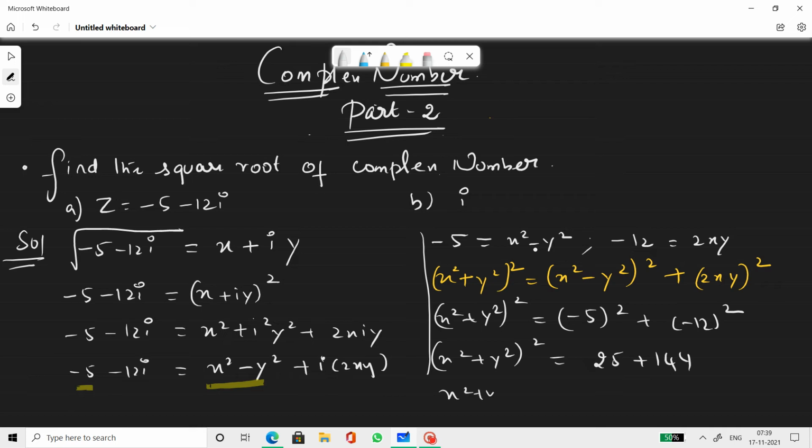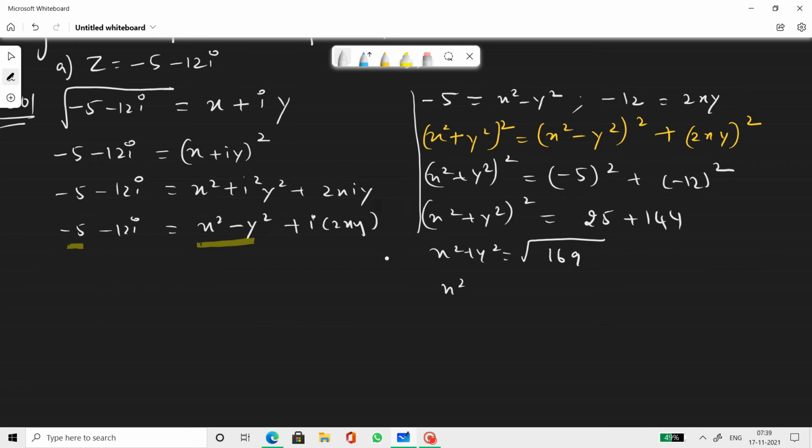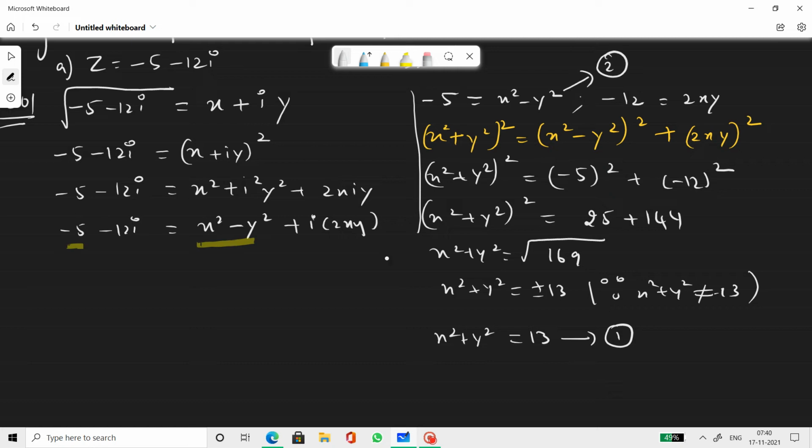So x square plus y square equals root over 25 plus 144, which is 169, and therefore x square plus y square equals plus or minus 13. But how can x square plus y square be minus 13? That's not possible, isn't it? So we ignore the case of minus 13. We consider only x square plus y square equals 13 as our equation number 1, and x square minus y square equals minus 5 as equation number 2.